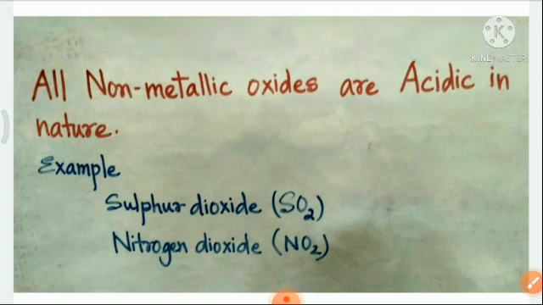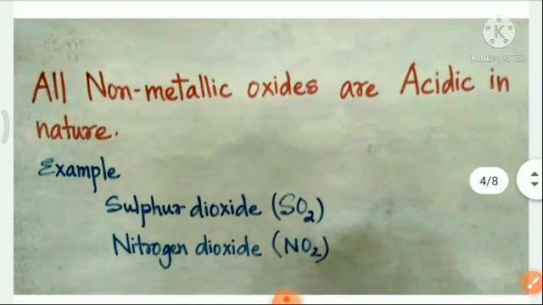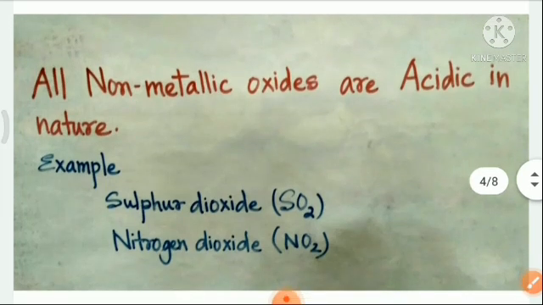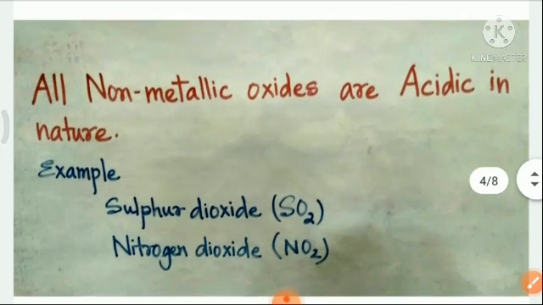For now you need not worry, because generally you know examples of metals and non-metals. Non-metals are like carbon, nitrogen, sulfur. The gases around us, like oxygen and hydrogen, are also non-metals.